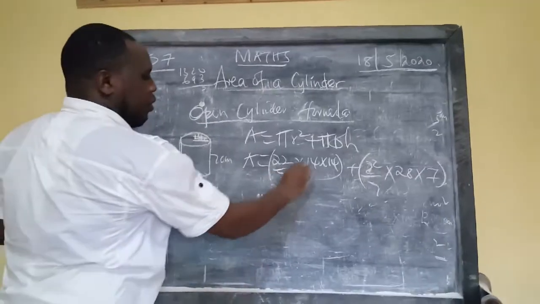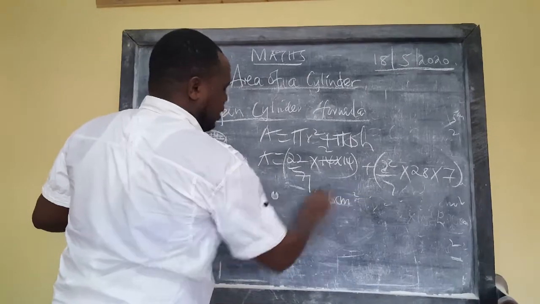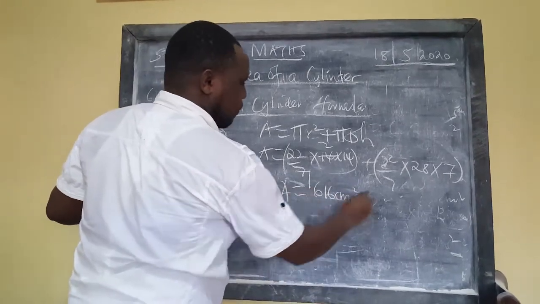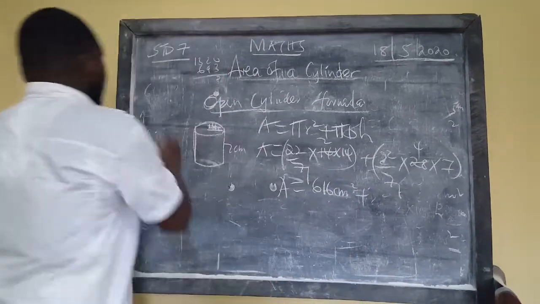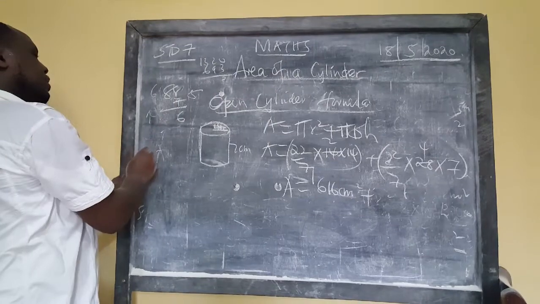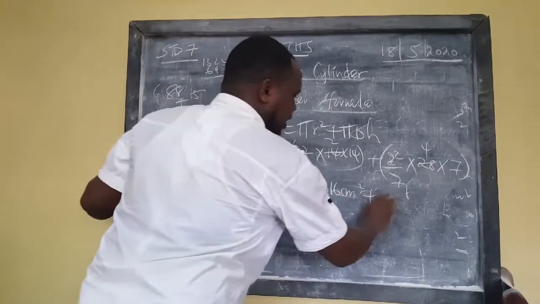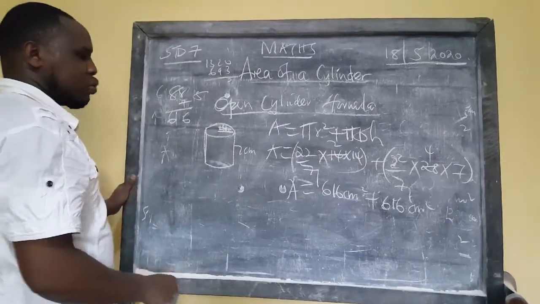This is going to give you 44 times this, 616 centimeters squared, plus 7 1s are 7, 4 carry... This is going to be 88 times 7: 6 carry 5, 56, 61. Again 616 centimeters squared. If you add this, it's going to be 1232.